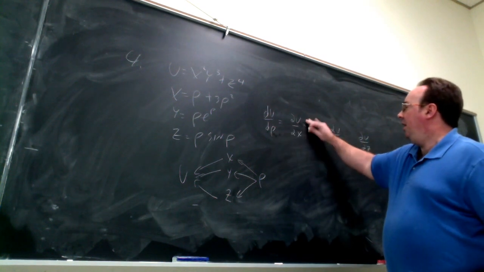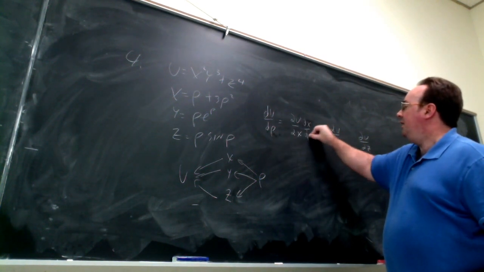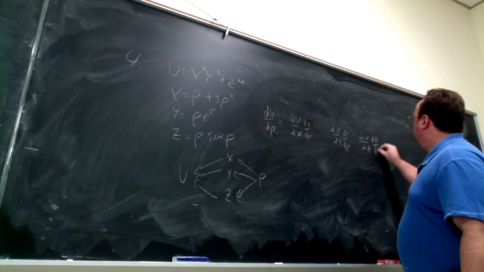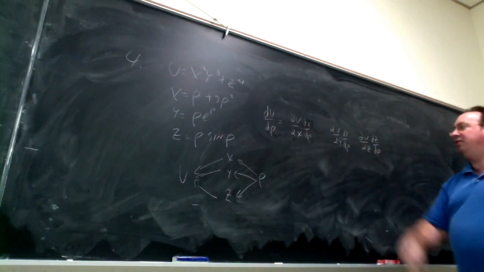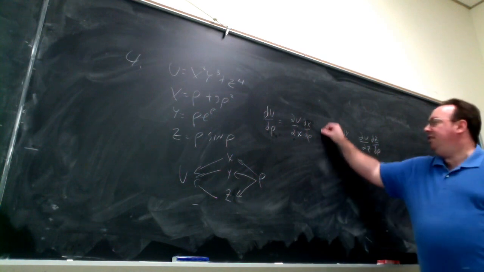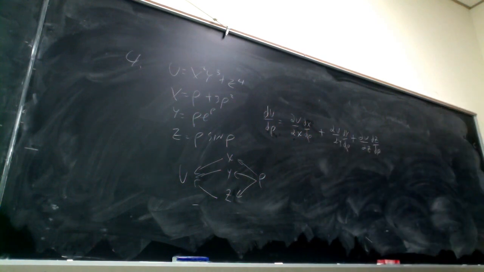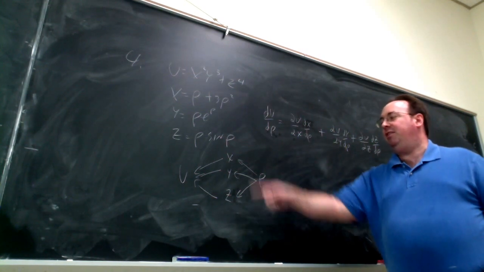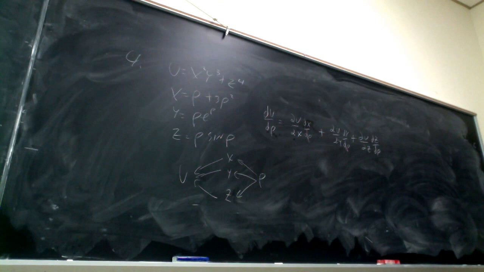So dx dp, dy dp, dz dp. Notice the cancellation pattern. So you have x is here, y is here, z is here, but don't forget at the end, you add them all up. This is a dot product going on here. So that's what the chain rule gives you in this case, where you have one dependent variable, one inner independent variable, and these 3 intermediate variables. So this is a pattern to know for chain rule for similar cases.